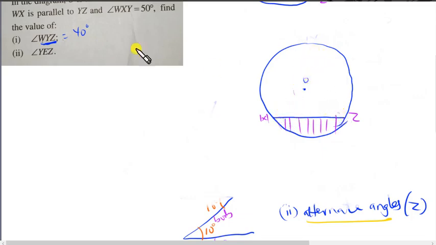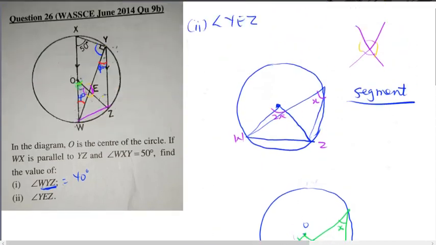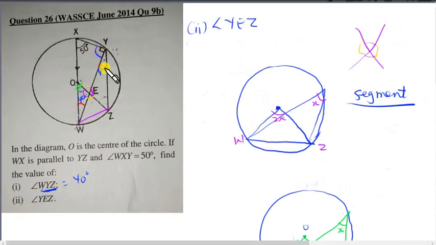So when this chord subtends an angle in a particular segment, at the center and on the circumference, then the angle at the center is twice the one on the circumference. Now let's come back to what we have over here. If you look at the question, we have 40. The angle 40 degrees is subtended by the chord WZ on the circumference, and it also subtends an angle at the center, so the angle at the center subtended by this chord is twice the one on the circumference.